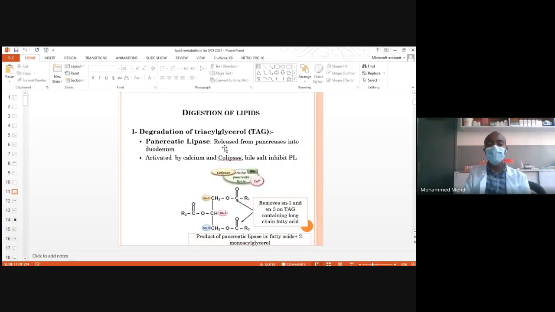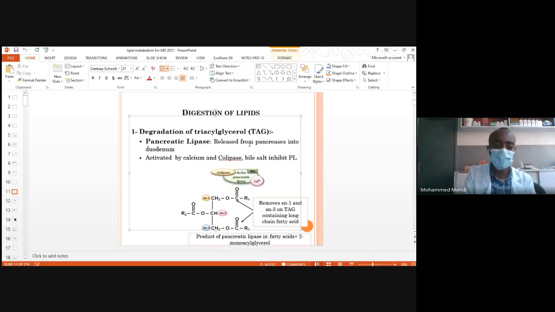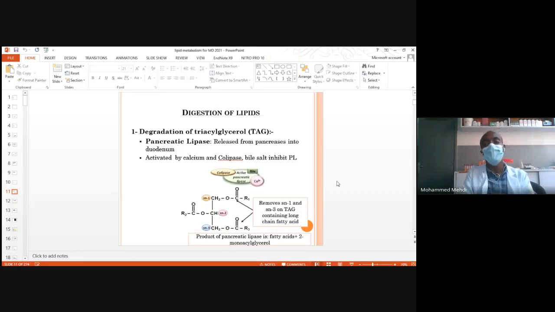The enzymes which are secreted from the pancreas for lipid are of 3 different types. Number 1 is the pancreatic lipase enzyme. It is released from the pancreas into the first part of the small intestine. The small intestine has 3 parts: duodenum, jejunum, and ileum.